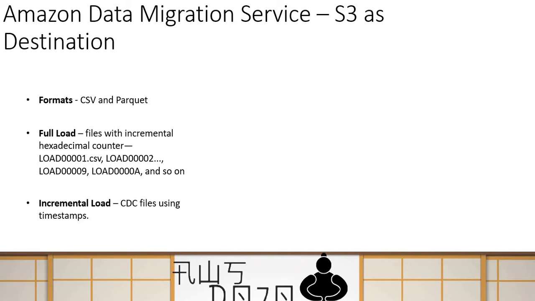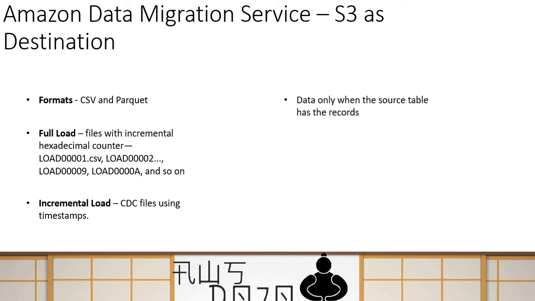And then if you're using incremental load, then your CDC files, your change data files, use a timestamp. Yeah, so you should know these two things, how the file names are generated. Just for the information.